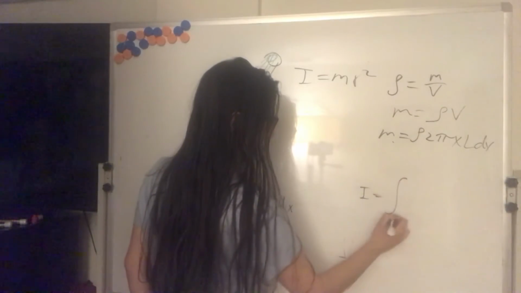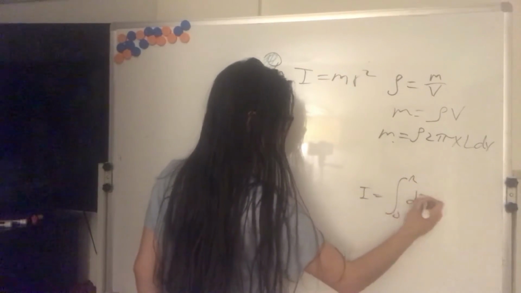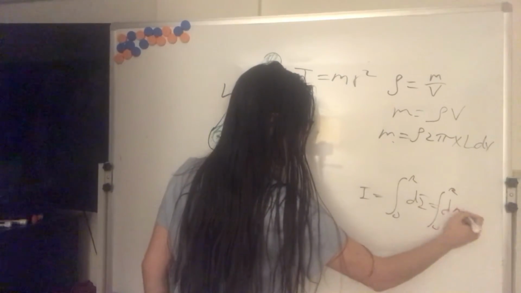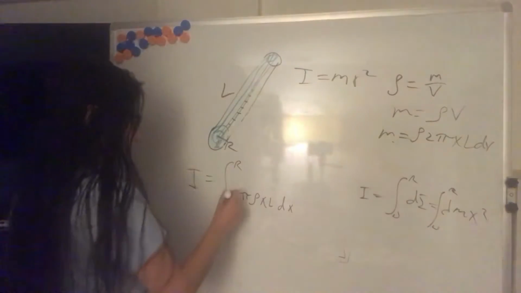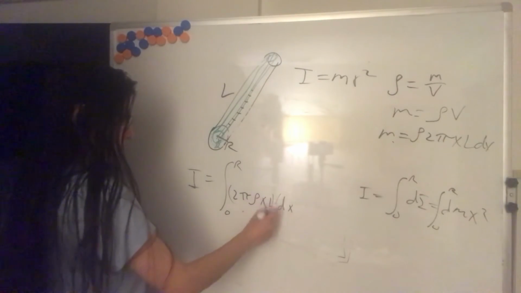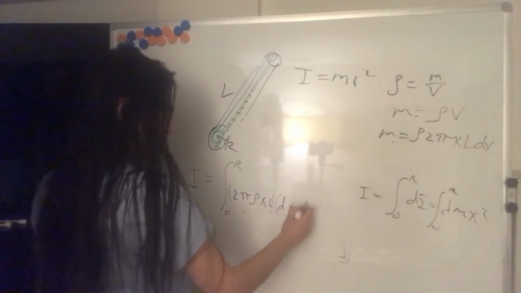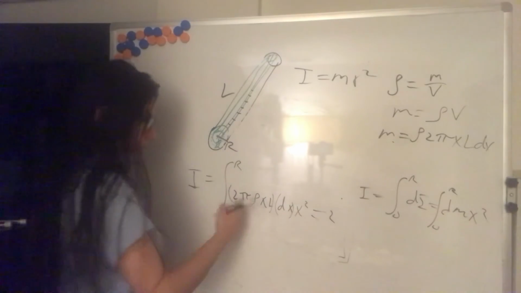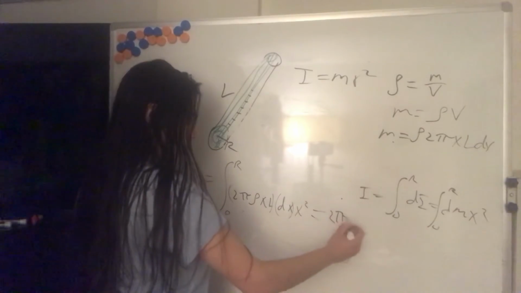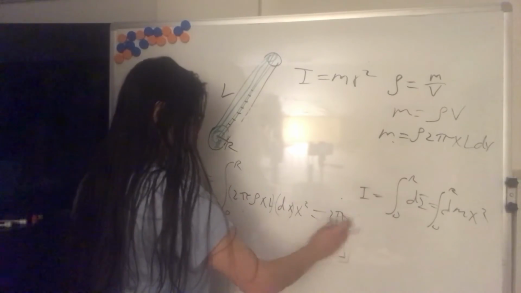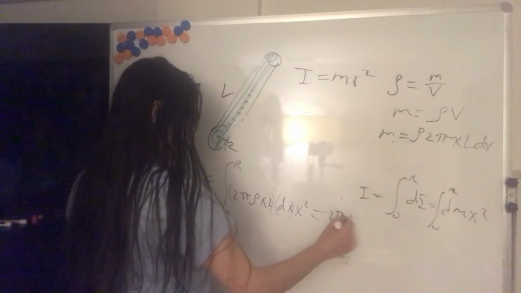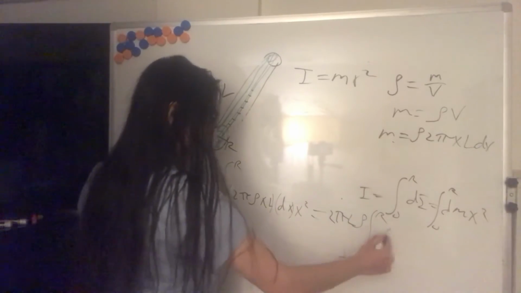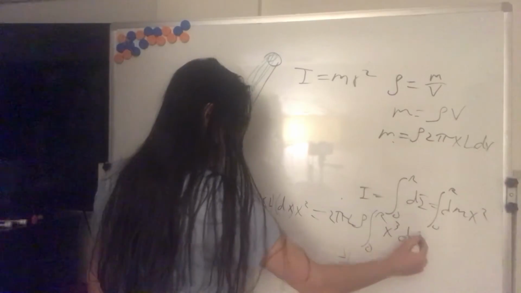So we have the moment of inertia is the integration from 0 to r of the I, and we saw that it was mx squared. So here we have this times x squared. Let me take out the constant, so it will be 2 pi l rho times the integration from 0 to r of x cubed dx.